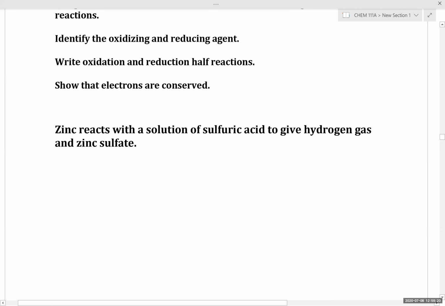So let's spend about another 2 minutes to try to get a balanced chemical equation. And the response I see in the chat for the balanced chemical equation looks perfect so far.